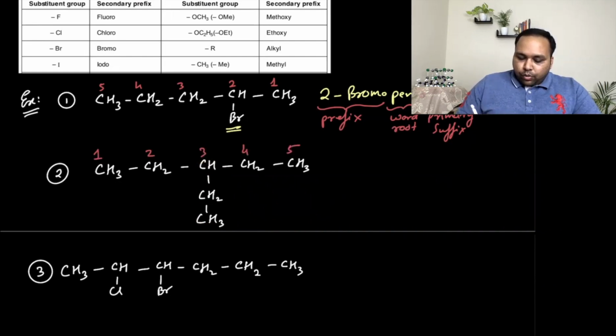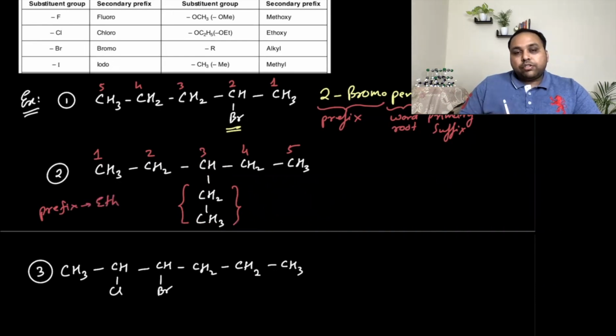Okay, so guys, what will be the prefix here? Tell me. This is your side chain which has 2 carbon atoms. So the prefix in this case is eth as the word root, and as we saw, an alkyl group has the suffix yl, like methyl, CH3, was meth with yl. So this will be eth with yl.